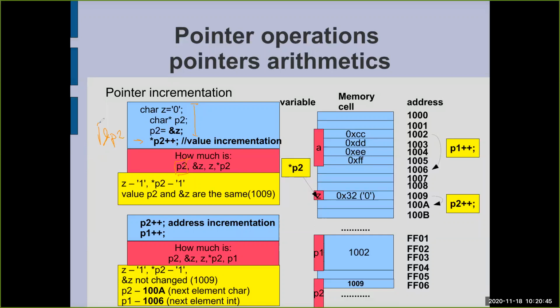Yeah, F006. Ampersand P2 is the address of the first byte of P2, so the address of variable P2. Okay, so ampersand Z will be the same as P2, so it will be the address of Z in memory, so it will be 10009.